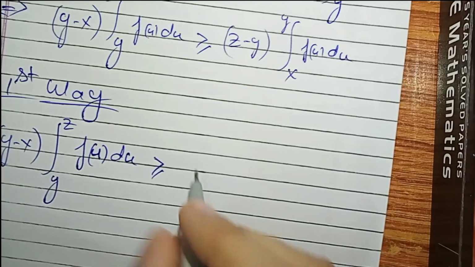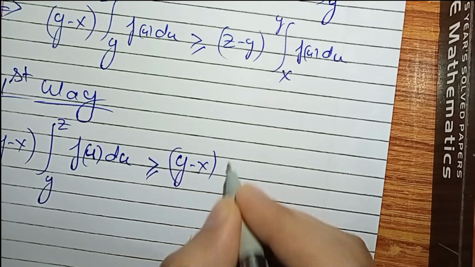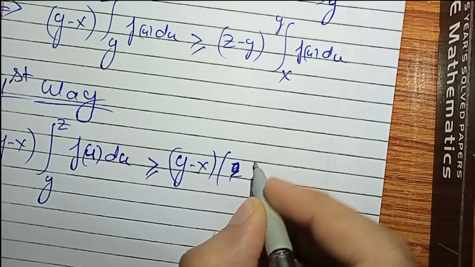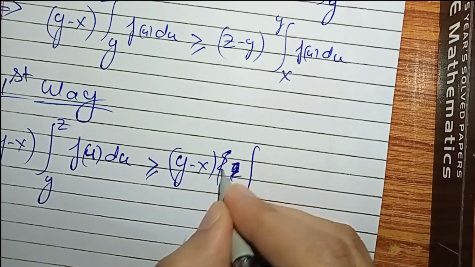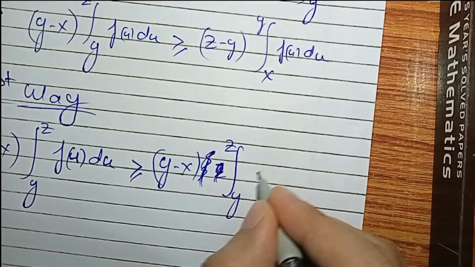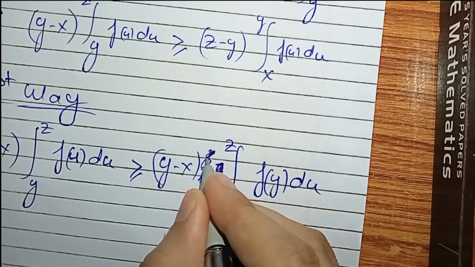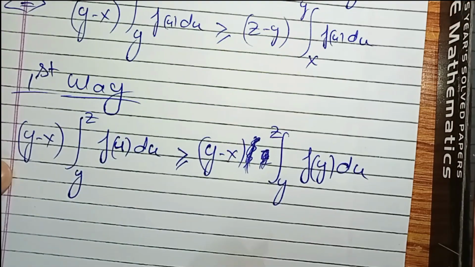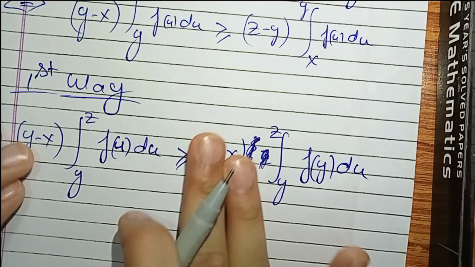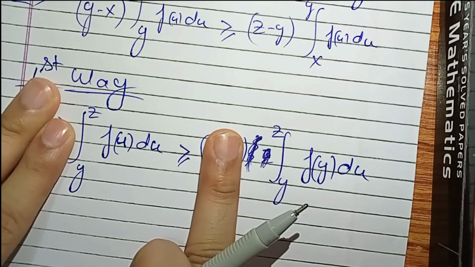what can you say? Can I say it is greater than y minus x times the integral from y to z of f(y) du? Can I say this? I think I can, because these two are the same. If we remove this for now, this is true.